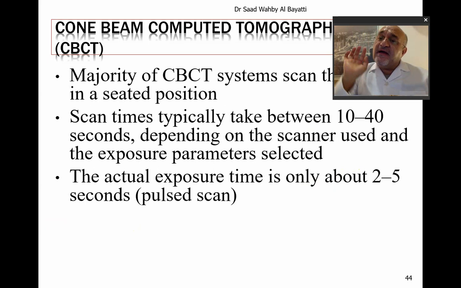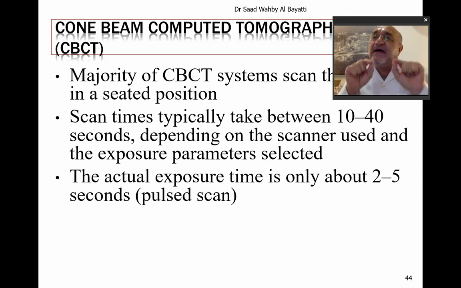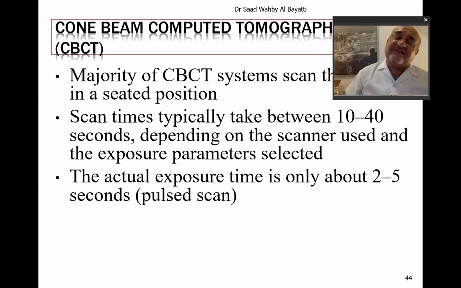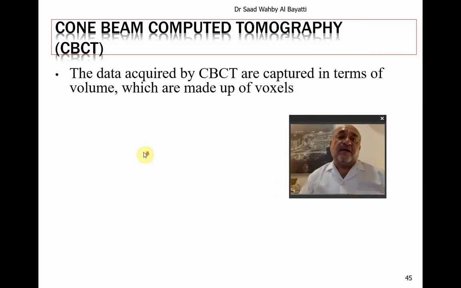The whole rotation takes between 10 to 40 seconds, depending on how much and what area you want to scan. But the actual time of X-ray production is between 2 to 5 seconds, and of course the exposure is less compared to the CT or CAT scanners.